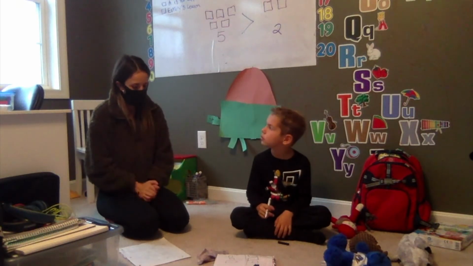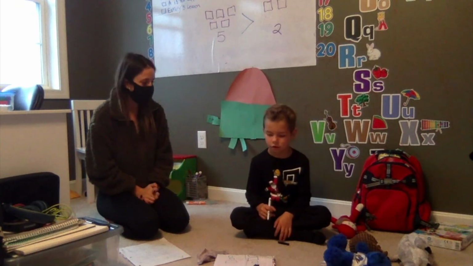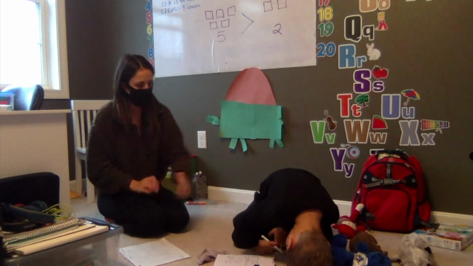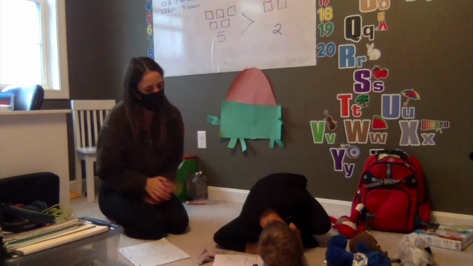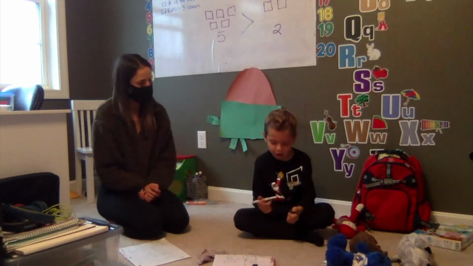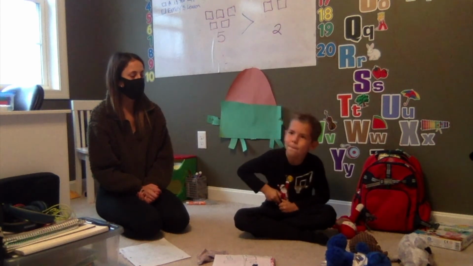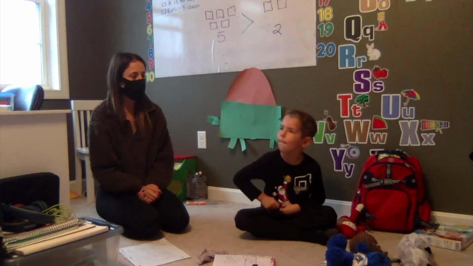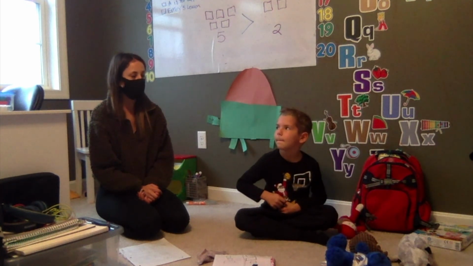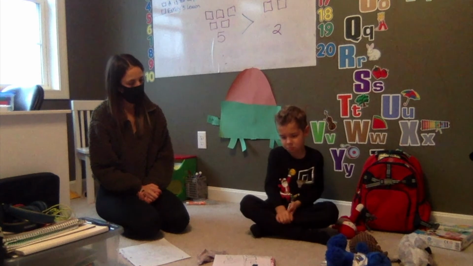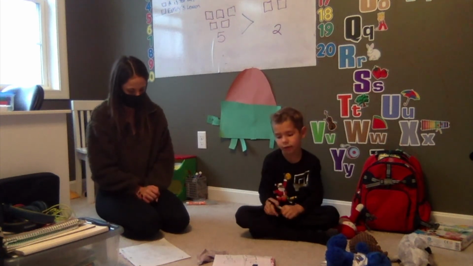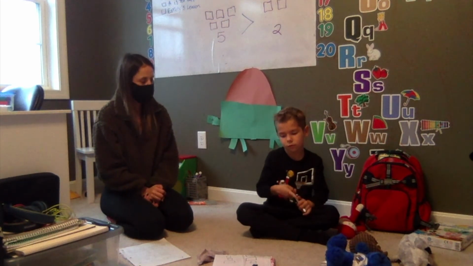How do we know if one group is greater than the other group? Because it's bigger. What's another word for bigger? More. There's more, and you can count them, right? And what does it mean if they are equal?